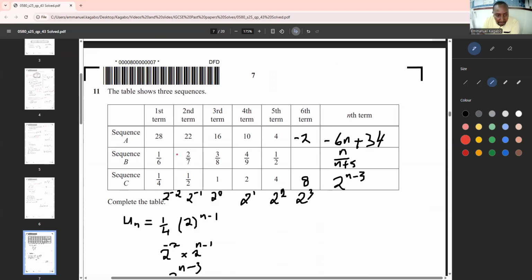Now, here I'm going to slow down and help you fully understand every step. I hope you're going to understand that. Good. Now, the first sequence: 28, 22, 16. What's happening, guys? What's the difference? 6, right? Do you see that? They're doing minus 6, minus 6, minus 6. Now, if they are doing minus 6, 4 minus 6 gives me negative 2. And stop.